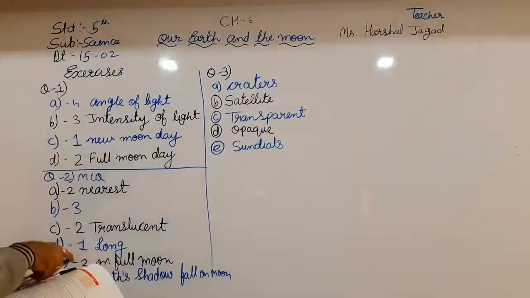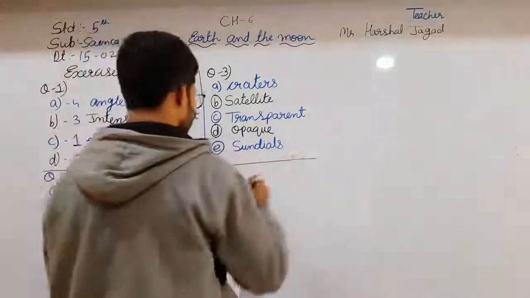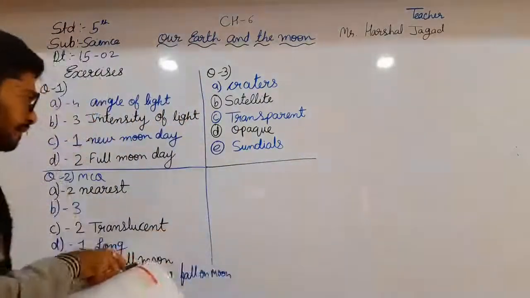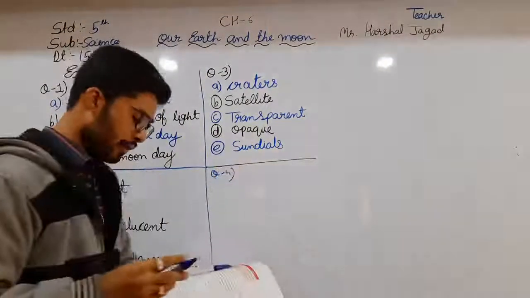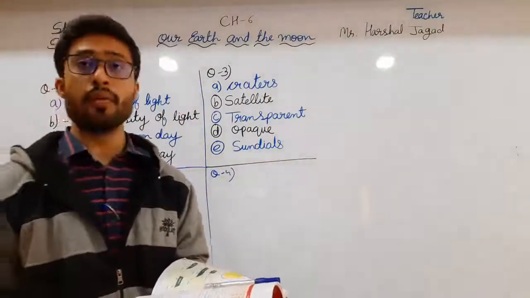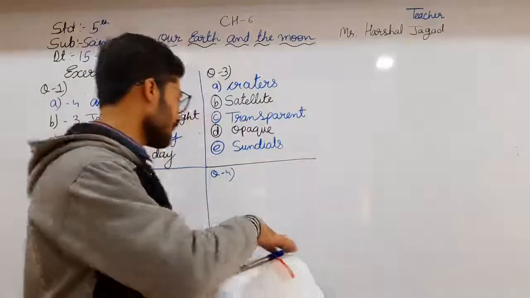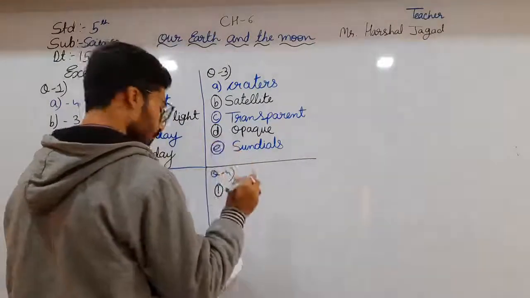Then moving towards question number 4, true or false. Tides are the highest on the new moon day. Yes, it is highest, so it is true. Also on full moon day.